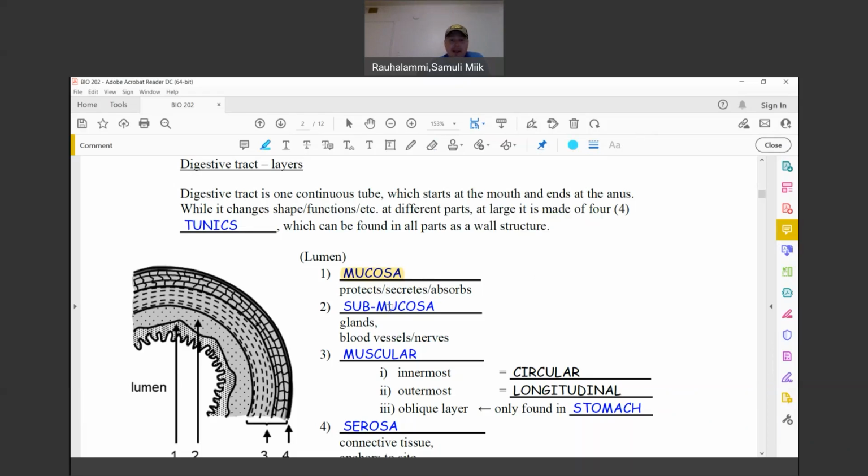The next layer, the name gives us a clue, as we've seen many times in A&P. Submucosa, the name itself refers to a layer below the mucosal layer. This layer is rich with glands. It contains a lot of blood vessels, nerve endings, and lymphatic vessels, so it really serves to regulate the digestive processes.